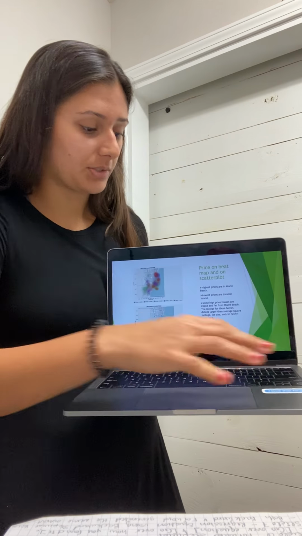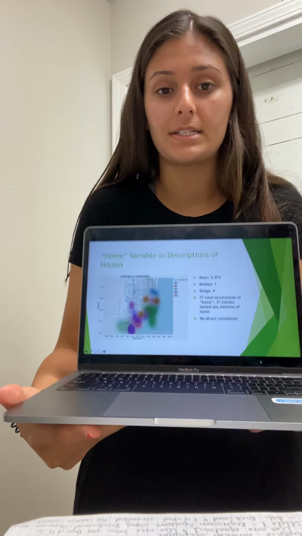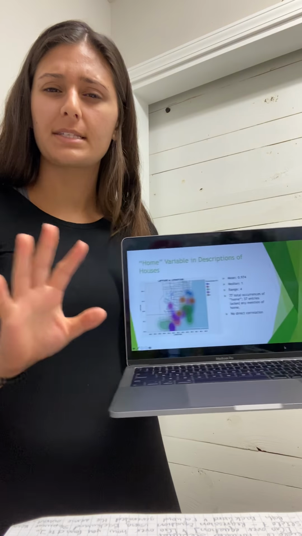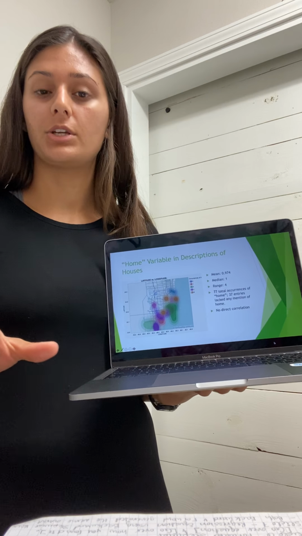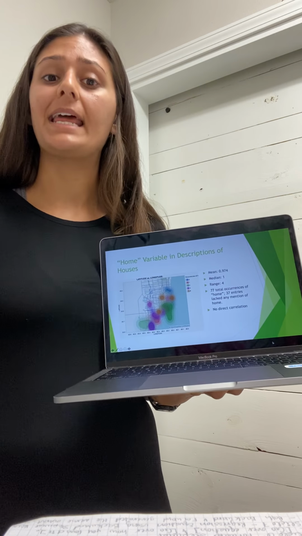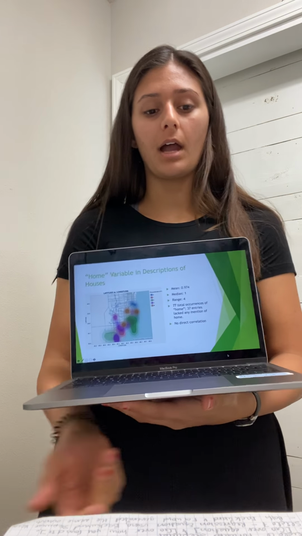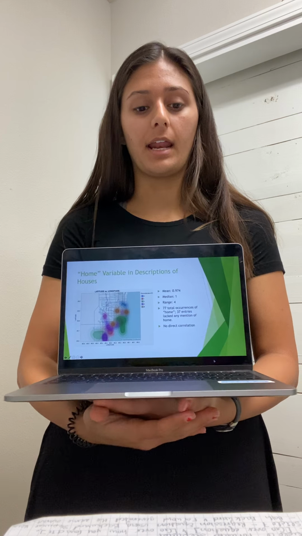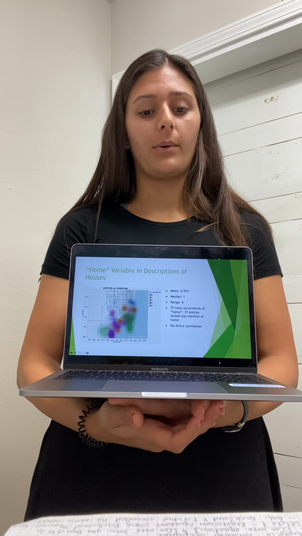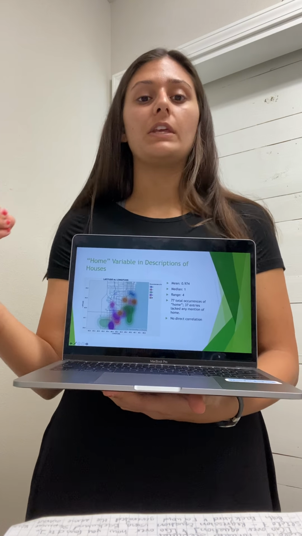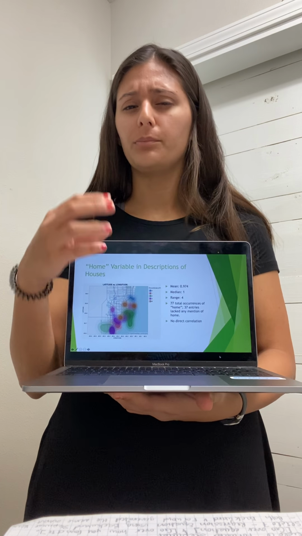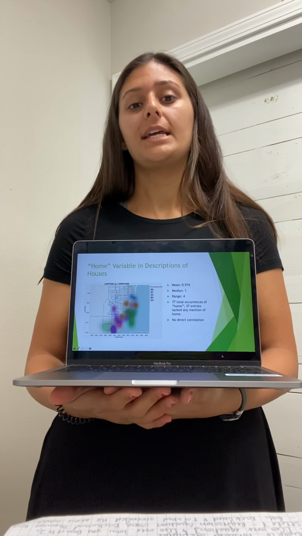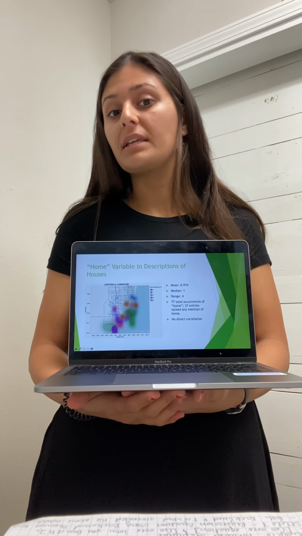The next slide we go to is the home variable, as you can see right there. I put down some data points. The range goes from 0 to 4, so the home variable will be mentioned anywhere from 0 to 4 times in a single description. We used the JMP word counter extension to find all this data and then isolate it and tally it. I chose this variable to see if the usage of home would be more associated with a specific locale, as home has a better connotation than house does, and it also just means some different things.